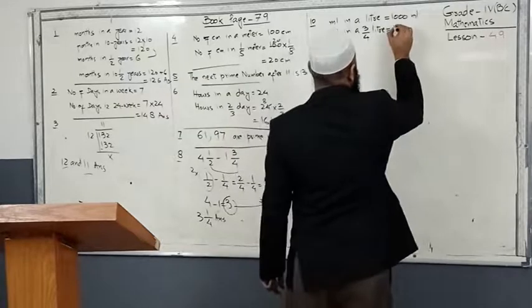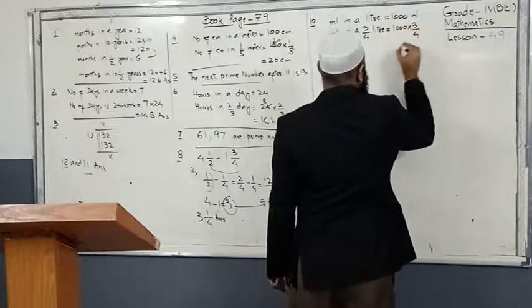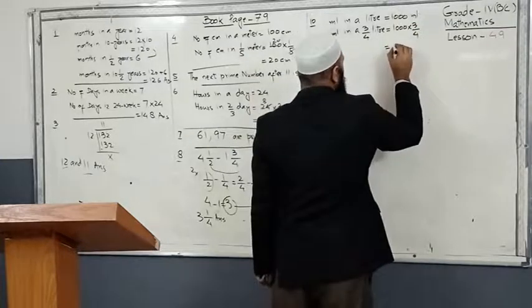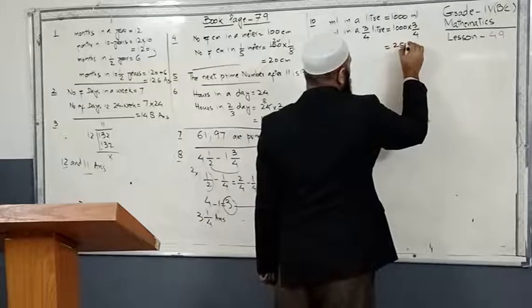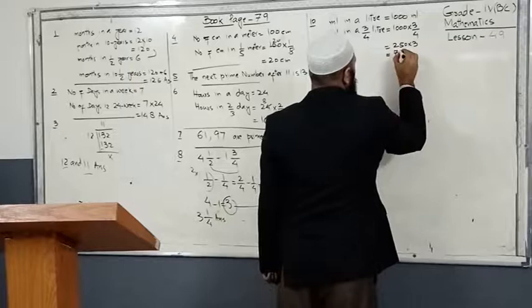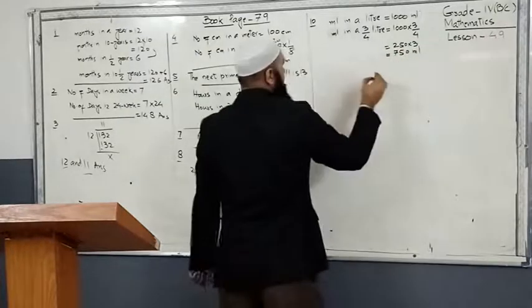It is equal to 1000 multiplied by 3 over 4. So divide 1000 by 4, we will get 250. Multiply by 3, it will be equal to 750 milliliters.